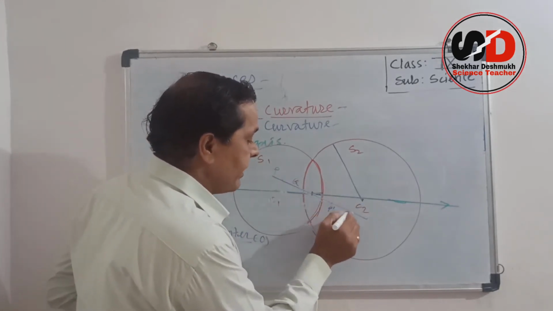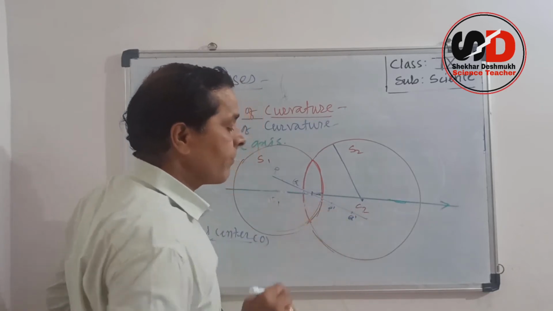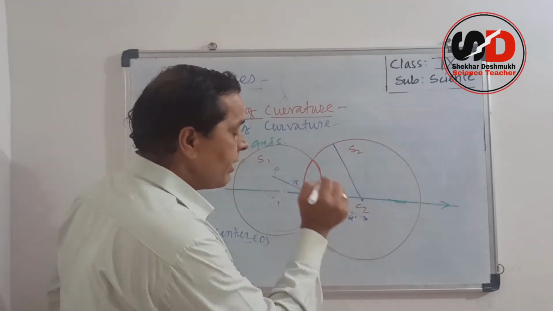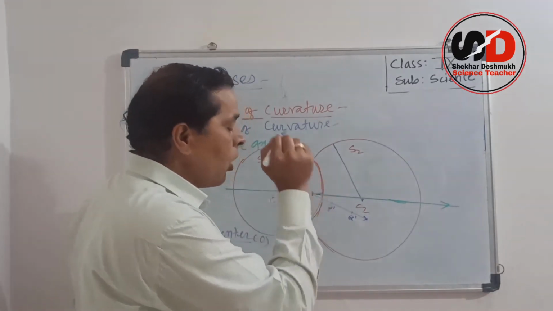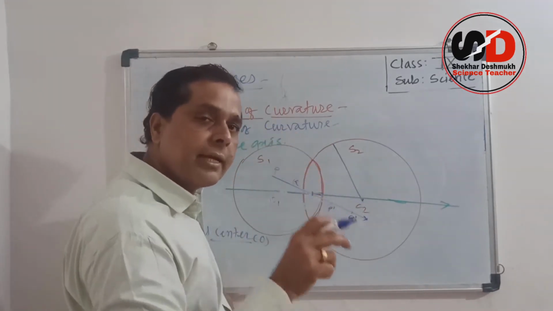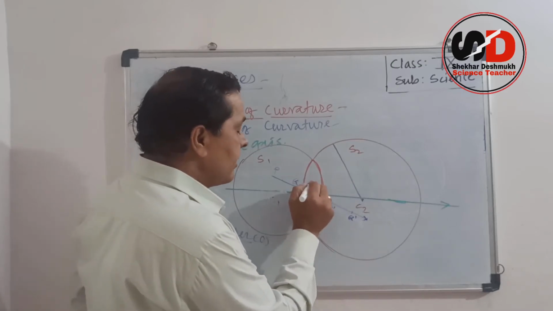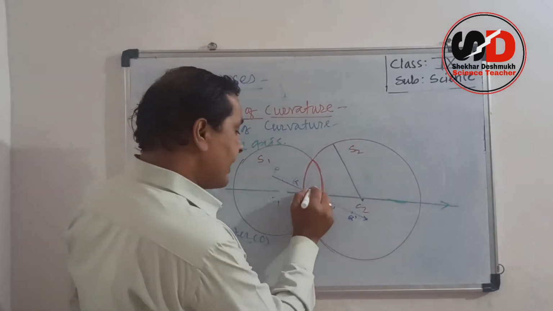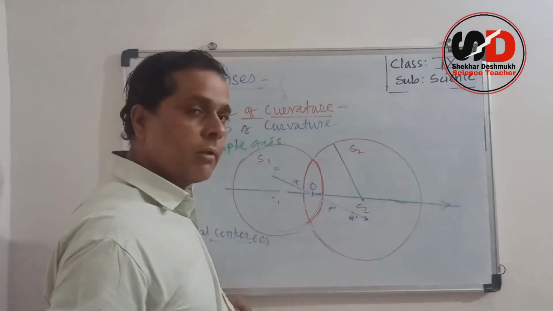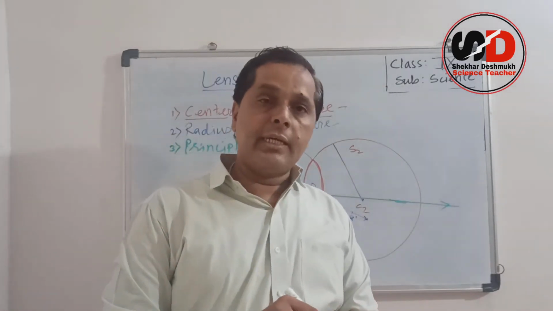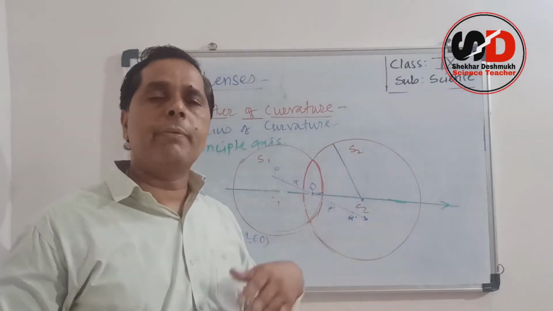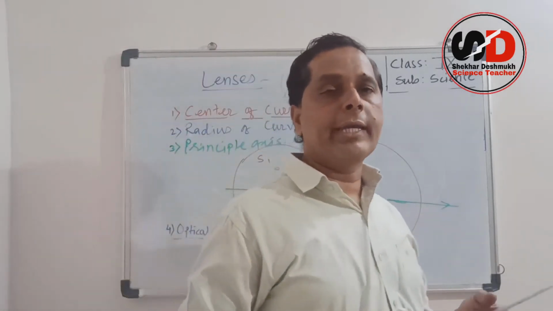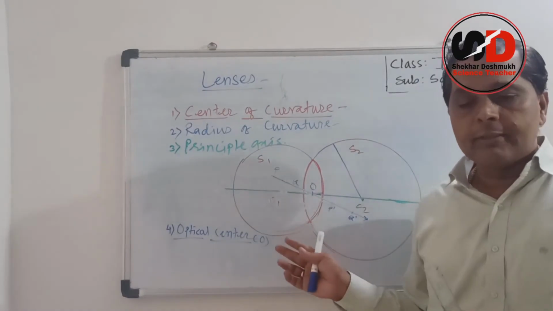So suppose it is P dash and Q dash. Then this point on the principal axis inside the lens is called the optical center O. As we see the optical center O for a convex lens, similarly the optical center O is there on a concave lens also.